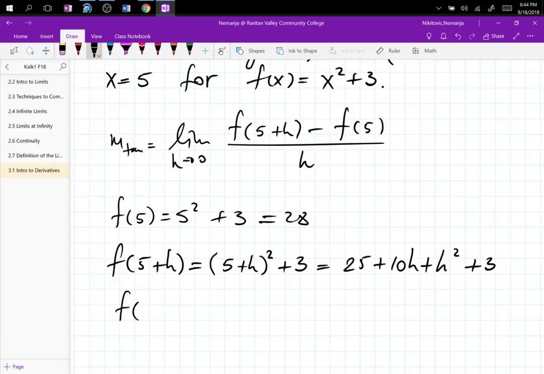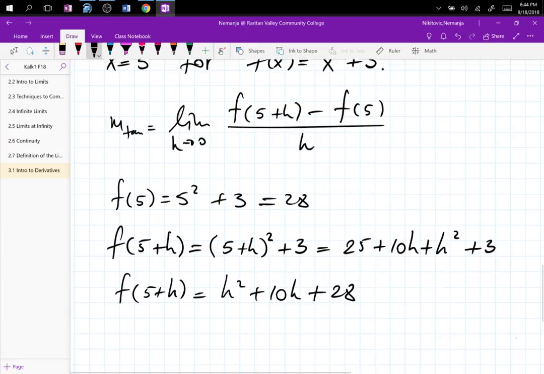And finally, f of 5 plus h is h squared plus 10h plus 28. The calculation is the same as in your pre-Calculus 1 course.